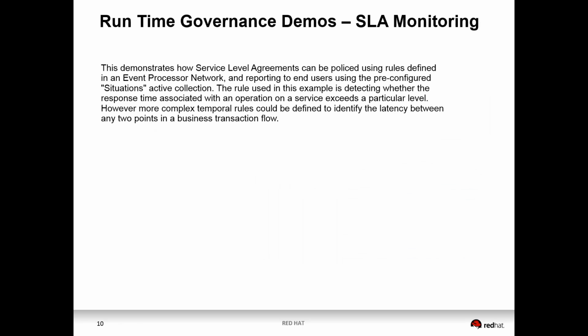So our SLA monitoring example, SLA monitor, this monitors activity event analysis using the event processor network mechanism. It can be used to implement service level agreements using the complex event processing, just CEP, based event processor using Drools Fusion.